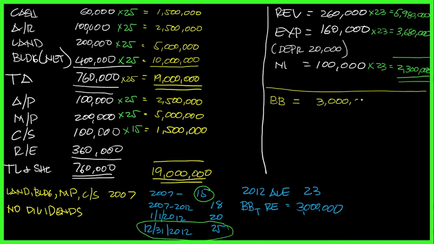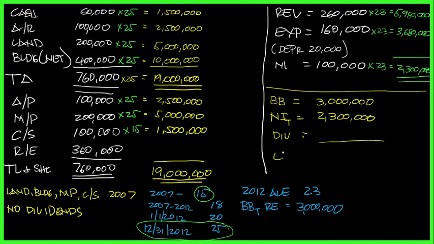And then, you will have your translated net income, which is 2,300,000. Your dividends at historical rate, pero wala nga palang dividends, so lagay natin 0.